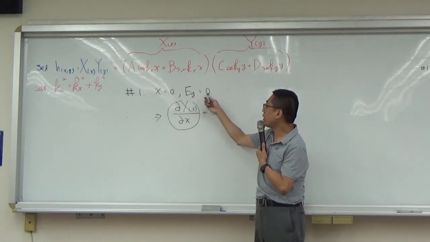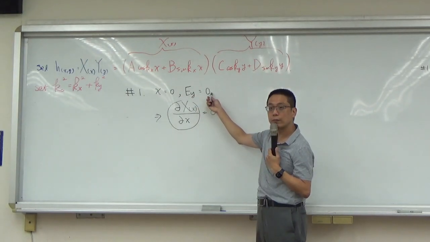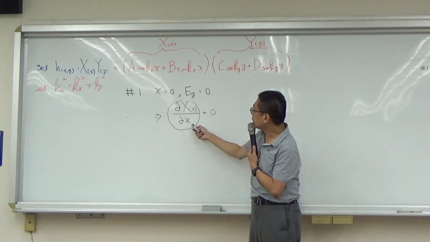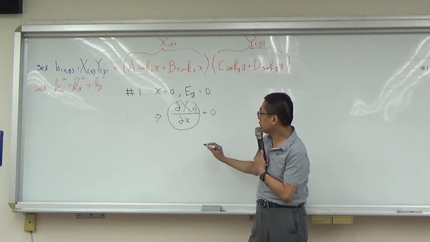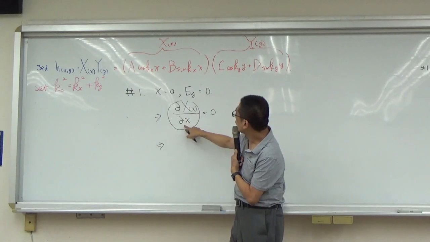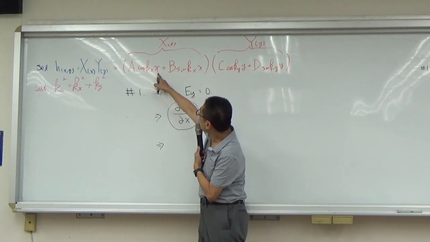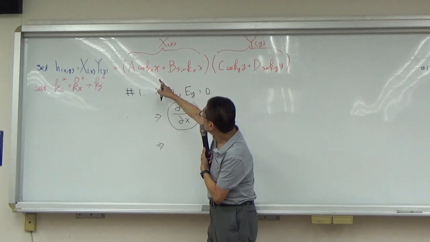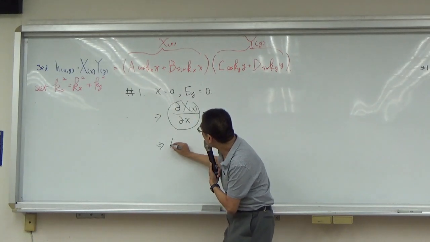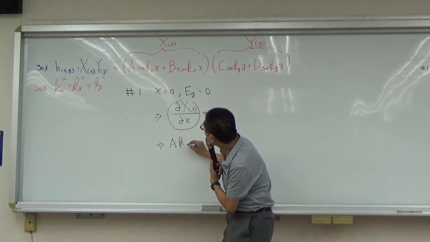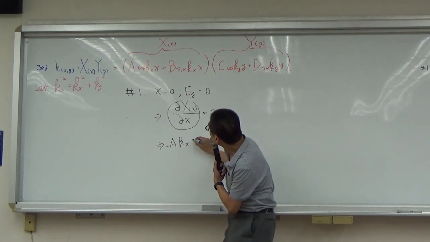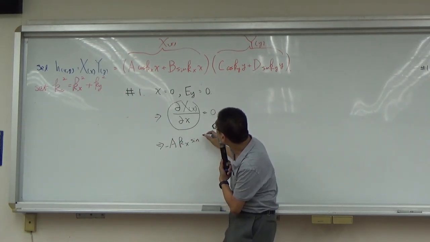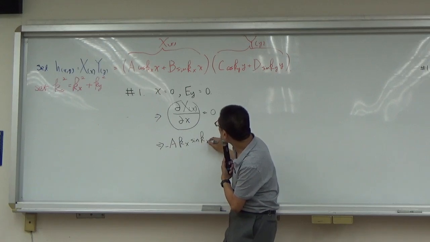Because EY is 0, so this term equals to 0. Okay? Then, what is 0? Okay. So it is A, Kx, minus sine KxX.